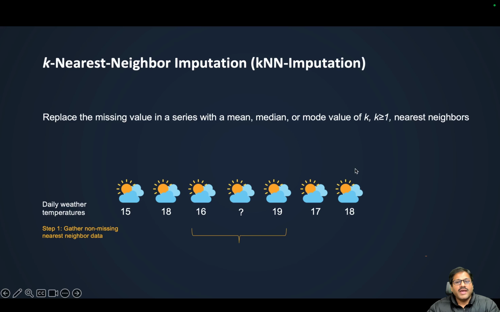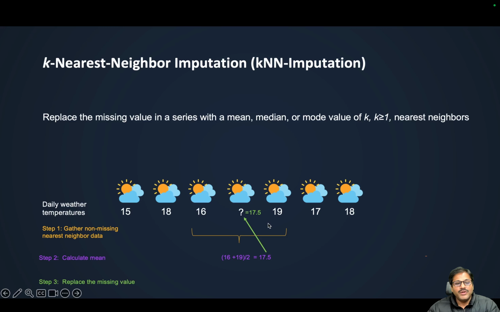In the k nearest neighbor solution, what we do is we only choose the data from the nearby locations. For example, for the missing data, the nearby locations are 16 and 19. So we take only this data, we calculate the mean, and we replace the value.